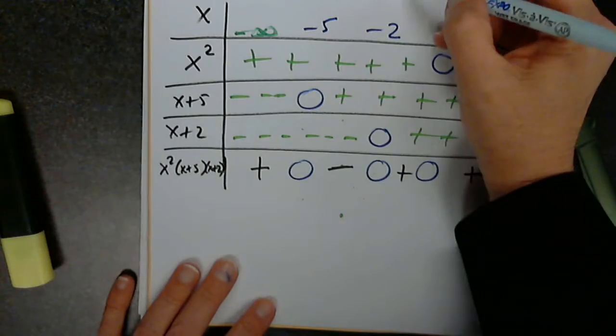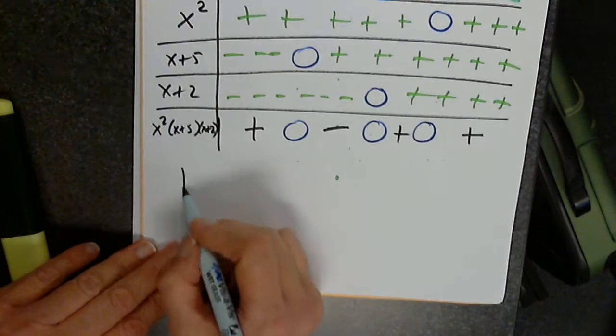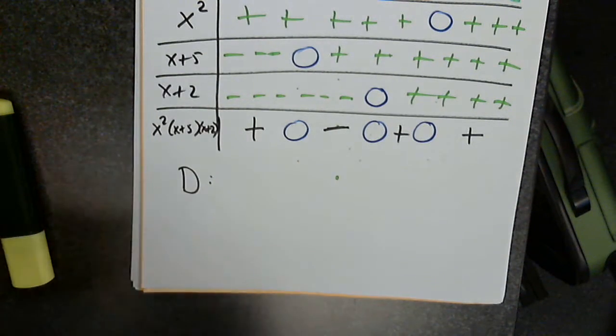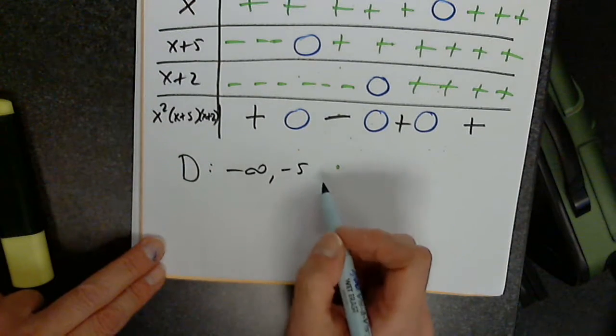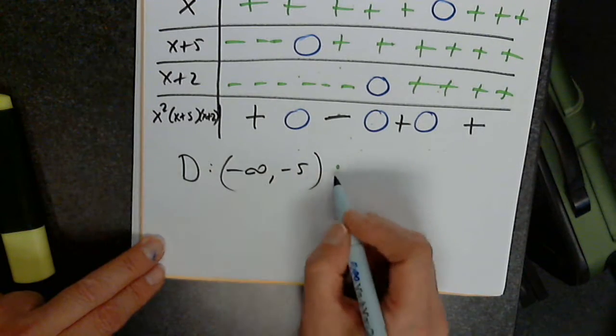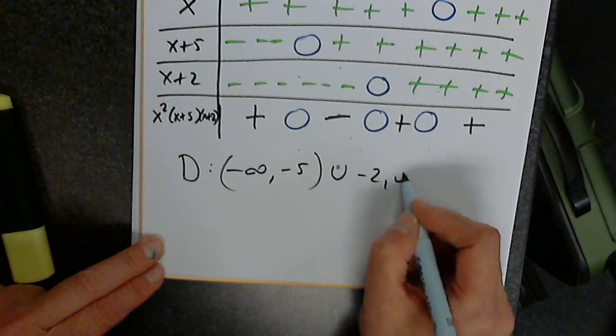So finally, I can write the domain of this function after all this work. Brackets, parentheses. Excellent. Union. -2 to 0. Very good.